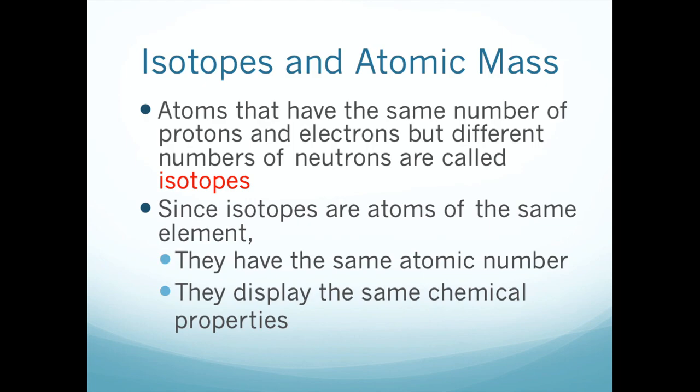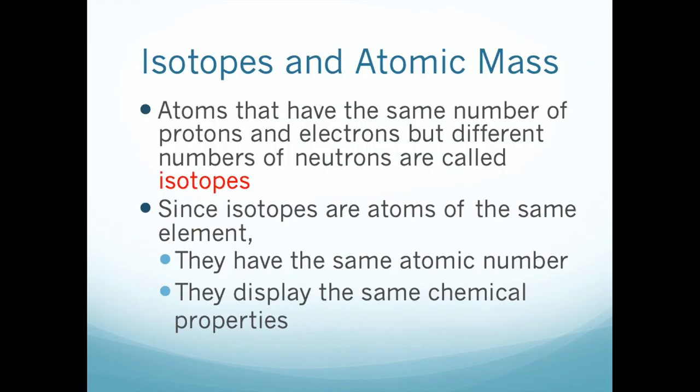Okay, so they all have the same chemical properties because they have the same number of protons and electrons, and electrons determine chemical properties. However, their physical properties might be a little bit different. They might have different densities, for example. You may have heard of the term heavy water. It's used in nuclear power plants, and it has certain nuclear applications.